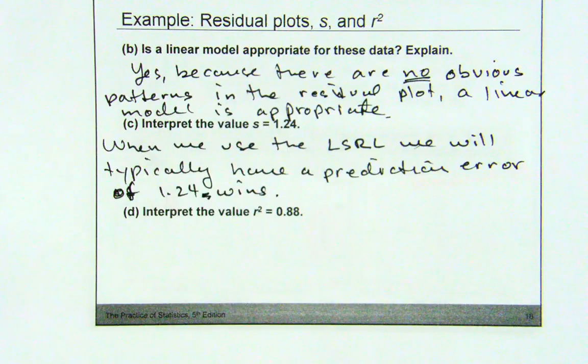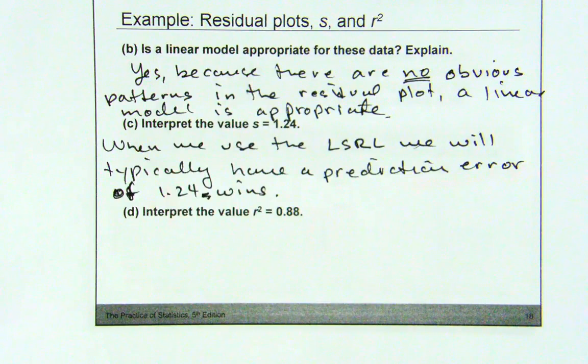So when we use the least squares regression line, we will typically have a prediction error of about 1.24 wins. Every time we calculate the residual, we can figure out that typically we were off by 1.24 wins. Okay. Interpret the value of R squared, and this is the one that always throws me for a loop.